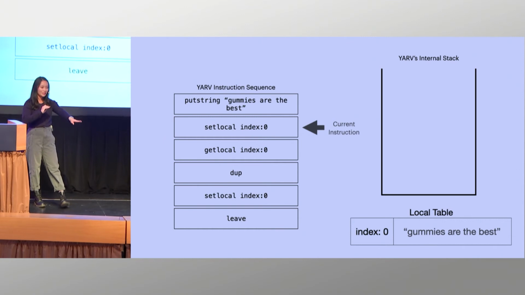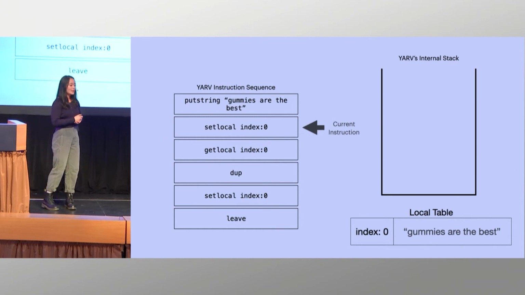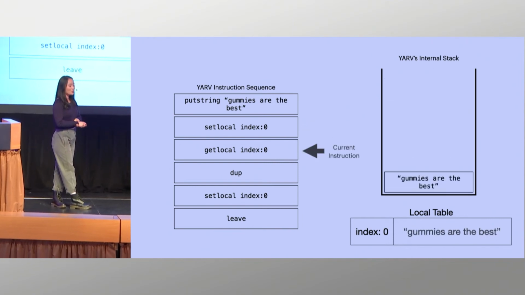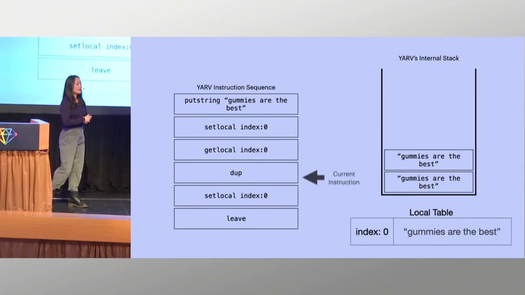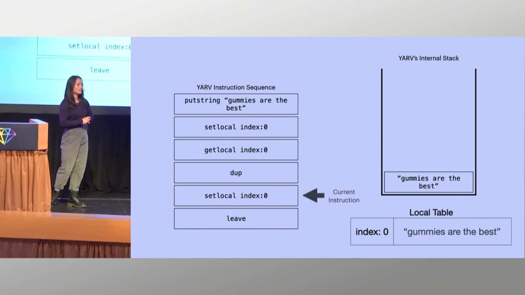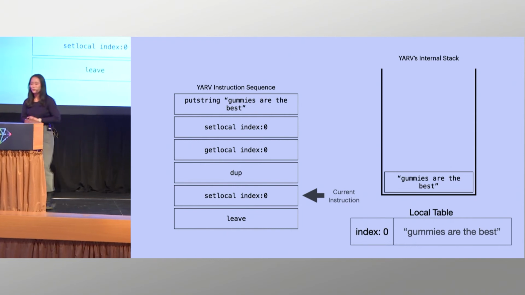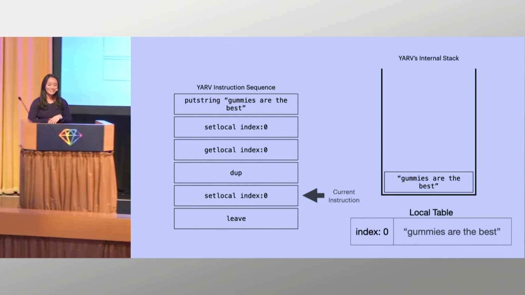There's a separate local table here just for you to understand it. But anyway, we set x to be "gummies are the best". And then we get local, which looks up in the local table what x is, and then pushes that onto the stack. And then we dupe it. And then we set local again. But it's already set. So you can kind of see where I'm going with this. And then we leave.